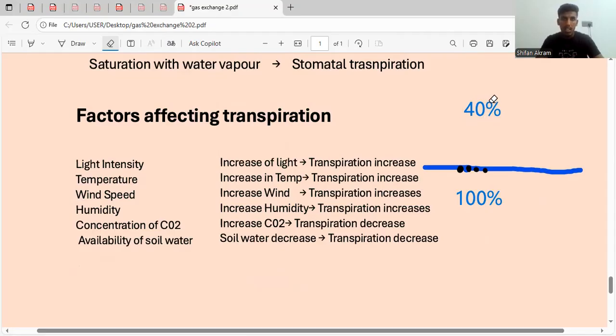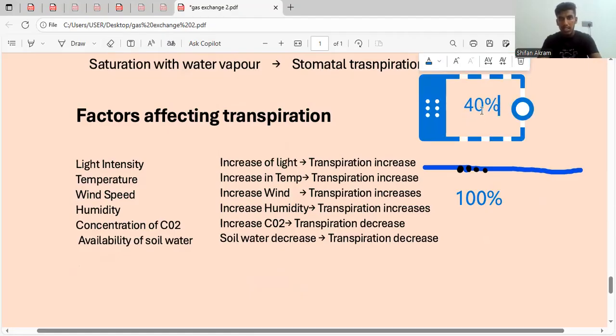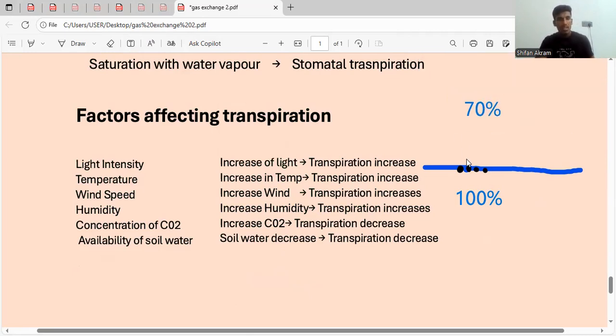For example, let's say the humidity out here is 70%. Here 40% means very high transpiration, but if it's 70%, there is a very low transpiration rate. So as humidity increases, transpiration rate decreases.